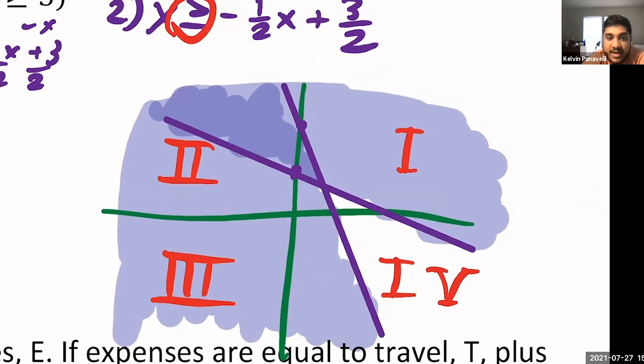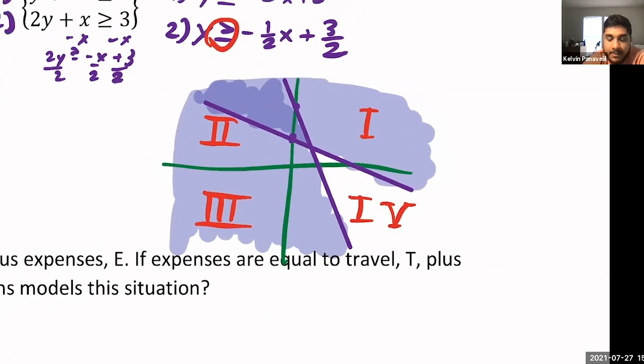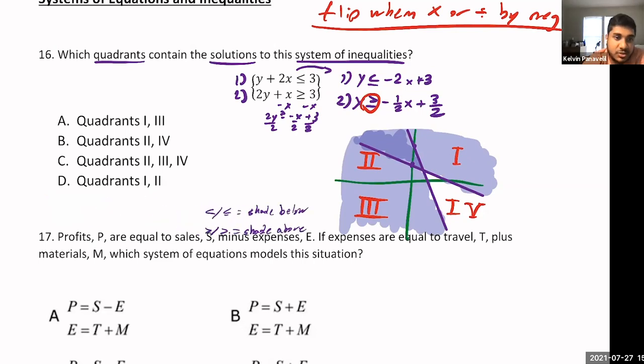Quadrant 3, however, guys, does it intersect in both in quadrant 3, or is it just one of the equations? That would only be the first equation, right? So remember, the solution is where the shadings intersect. Okay, so just quadrant 1 and 2. So what would the answer be in the chat, guys? Amazing job.